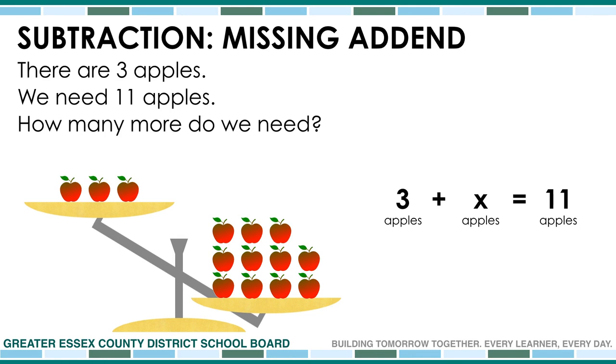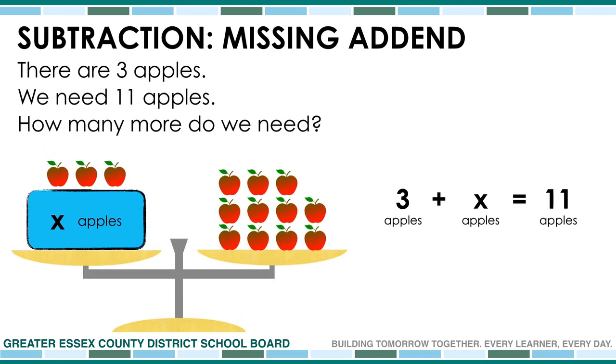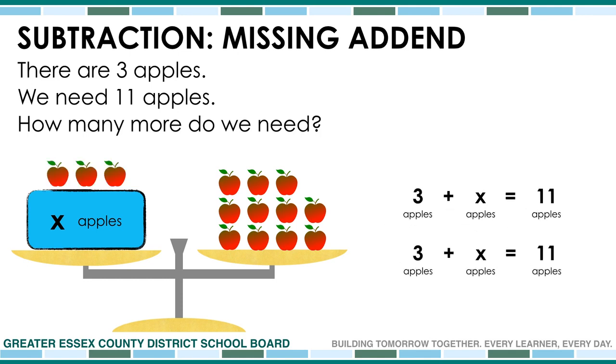Notice the scale didn't move because we're still out of balance. There's a certain number of apples that we need to add to the left side of the scale in order to make this equation true or make this equation balanced. Like we did before, we can actually start removing apples on either side, an equal number of apples on either side.